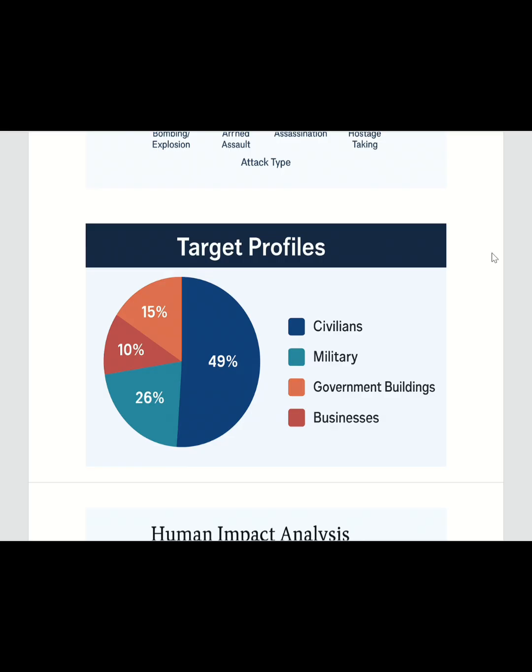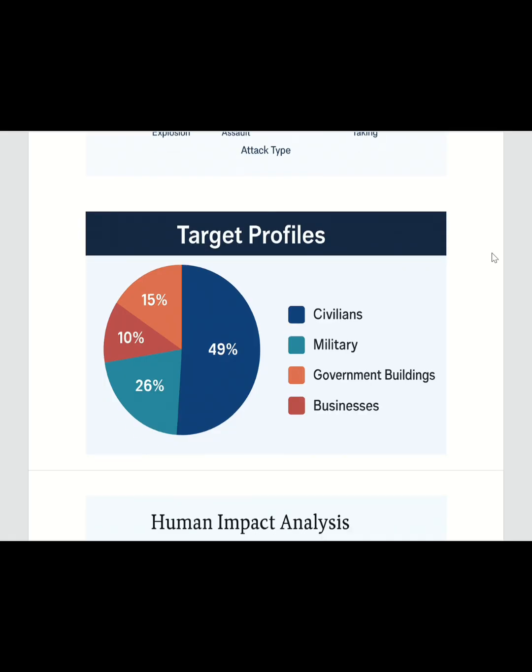The main objective of this project is to perform a thorough exploratory data analysis on the global terrorism database to uncover actionable security insights, identify hidden patterns, and support data-driven decision-making for law enforcement, policymakers, and public safety stakeholders.